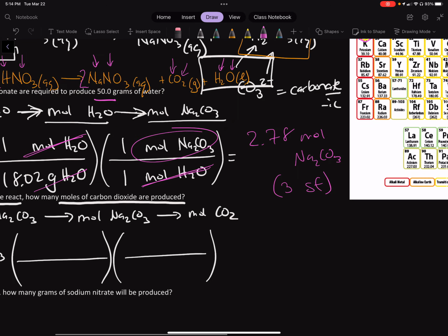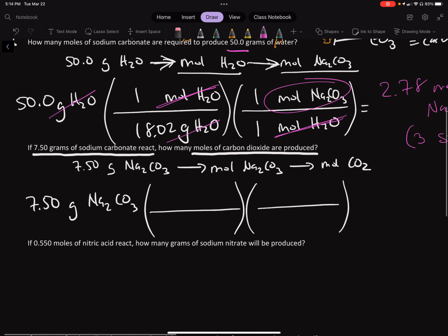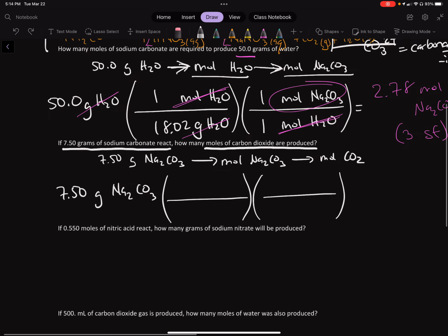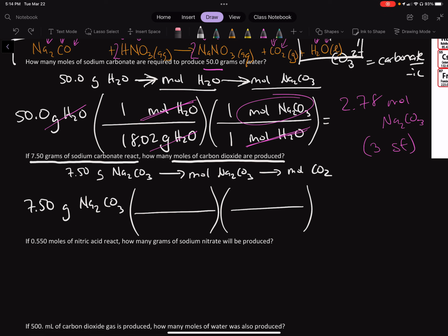So let's go ahead and use that value over here. Now, since I have the units of grams at the moment, and I want grams to cancel, I'm going to put the 105.99 grams on the bottom and 1 mole on the top. Ran out of space a little bit, but it's okay.